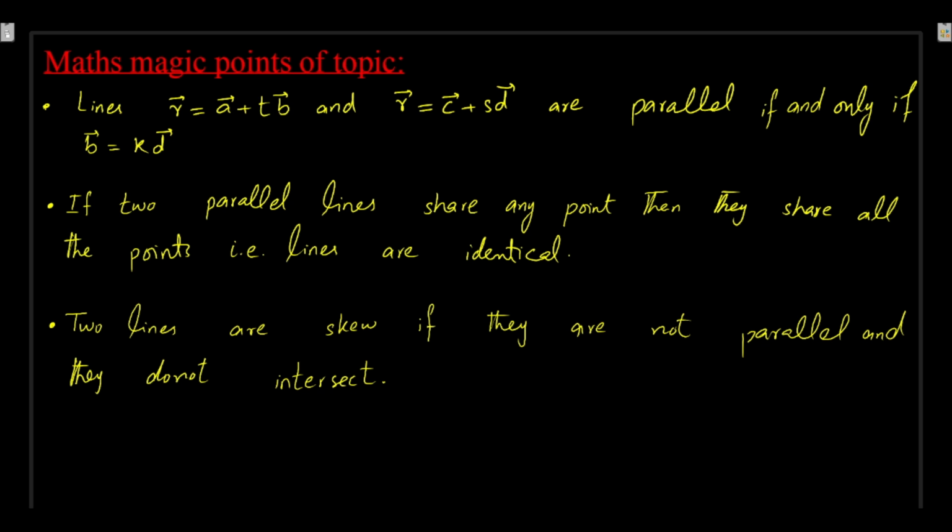If the values of the parameters found satisfy the third equation, then the lines are intersecting, and we can find the point of intersection by plugging the value of one parameter into the general point P or Q on the lines. And if the lines do not intersect, then these lines are said to be skew lines.